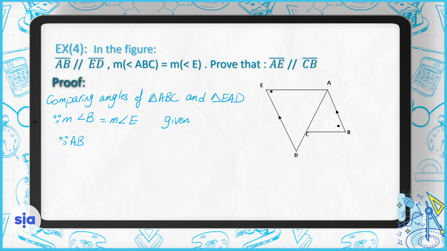since AB is parallel to ED as also given, therefore the measure of angle BAC is equal to the measure of angle D as alternate angles.